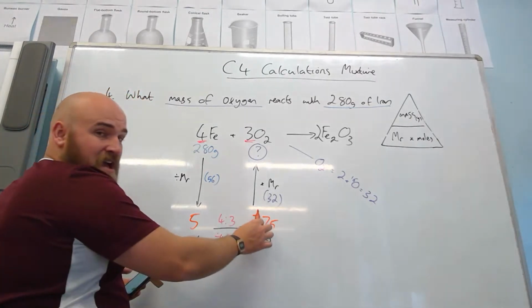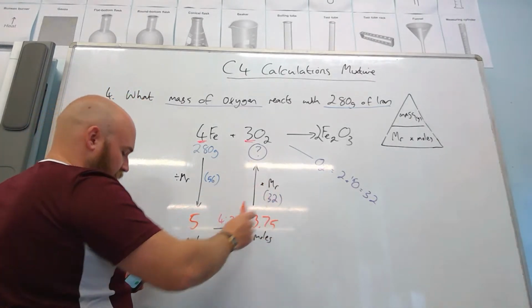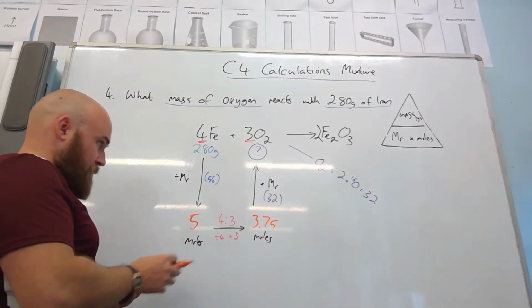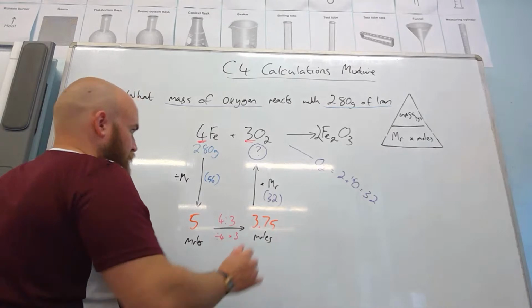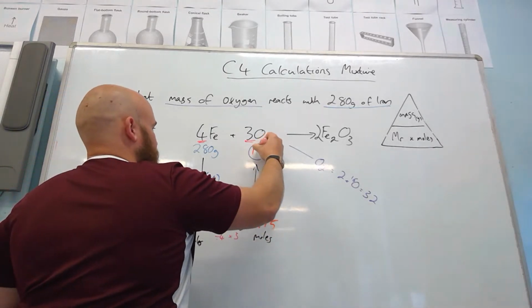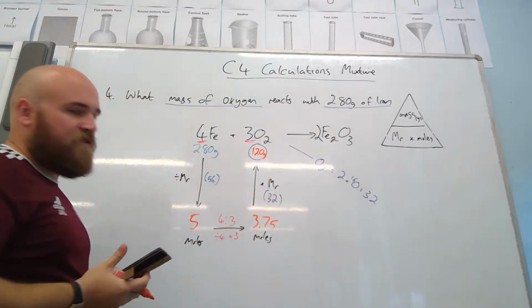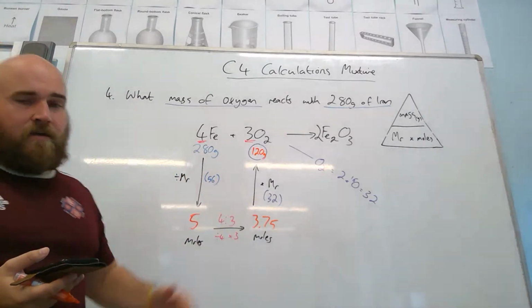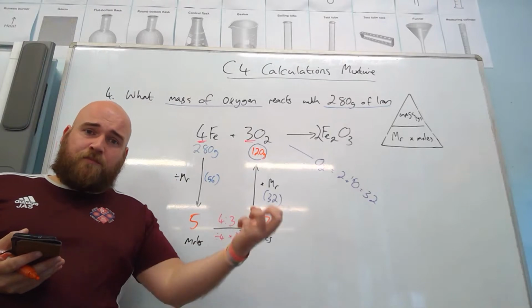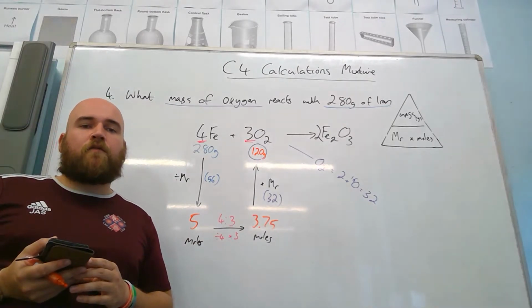So I'm over here now, and to get to the finish line, I'm going to times by the MR, which is 32, which is 120. Yeah, and again, if you've made a mistake at any point, there, or there, but carried out the procedure perfectly, you will still get error carried forward marks.